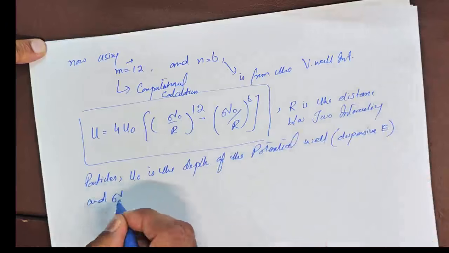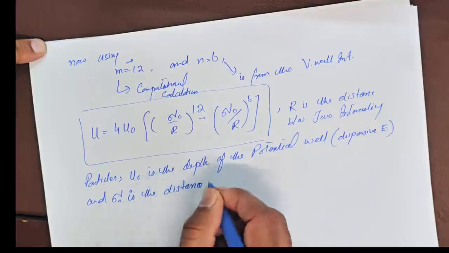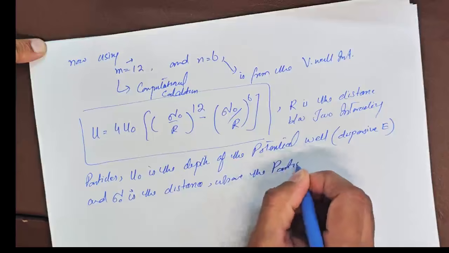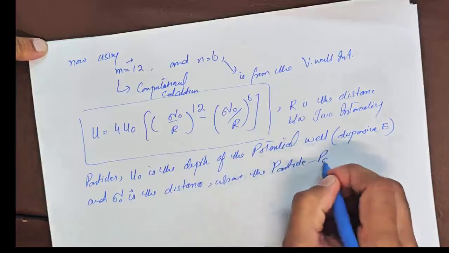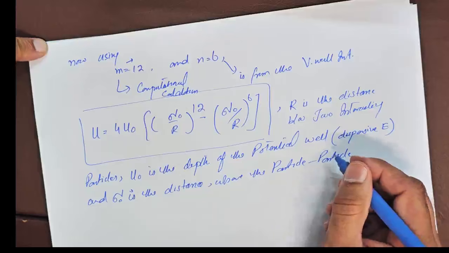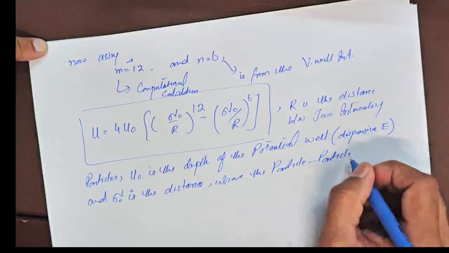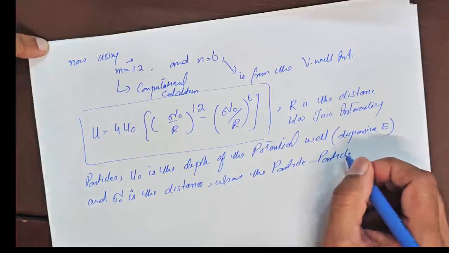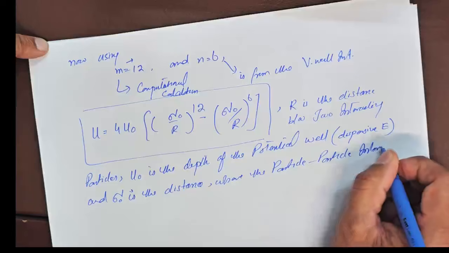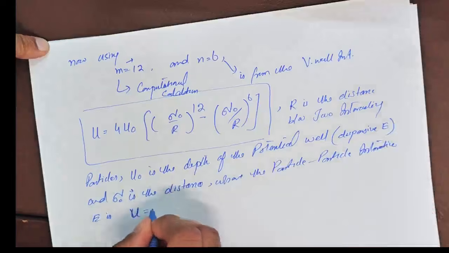And sigma naught is the distance where the particle interaction energy is zero, which means U is 0.